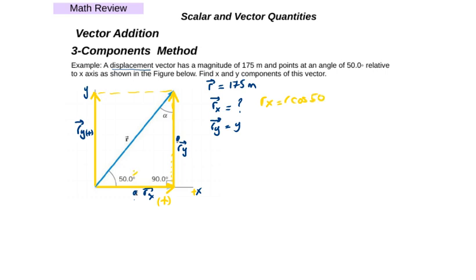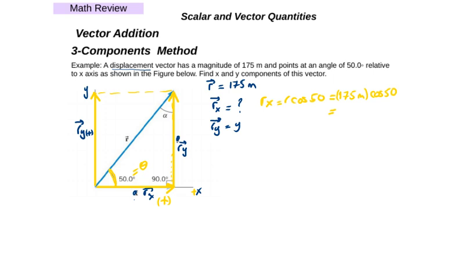We have Rx is equal to R cosine 50. That would be our angle theta, angle with the x-axis, remember. That would be 175 meters times cosine 50.